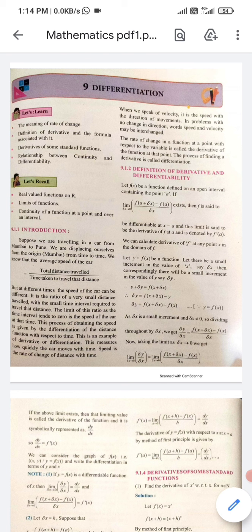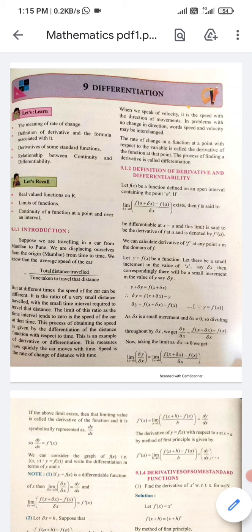Then we get the limit h tends to 0 of nC1 x raised to n minus 1 h plus nC2 x raised to n minus 2 h square plus nC3 x raised to n minus 3 h cube plus and so on, upon h.